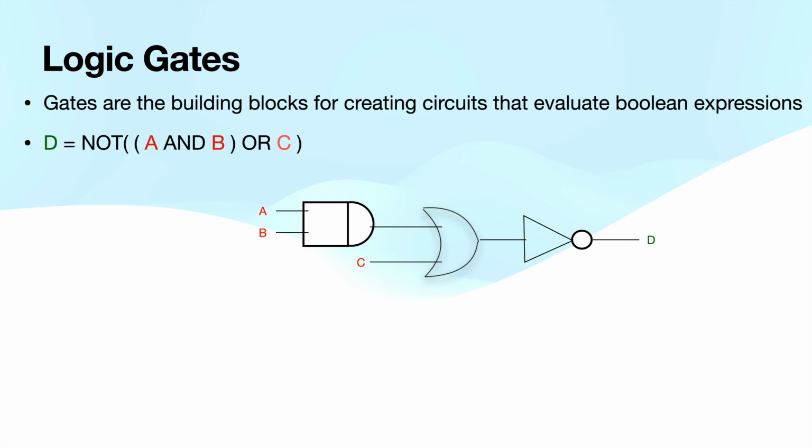So the output of A and B is going into the OR gate, and it also has C. So it's C or the output of A and B. Then you continue going left to right. That triangle with a circle at the end of it is a NOT operator. You can see how that NOT operator is the outermost operator on the written expression.